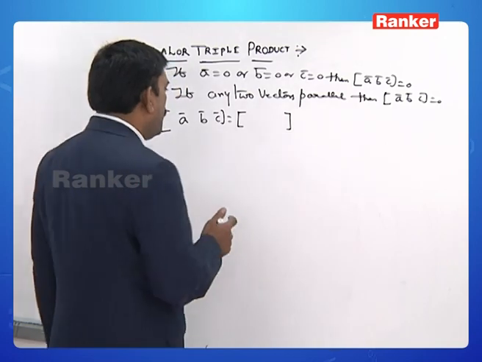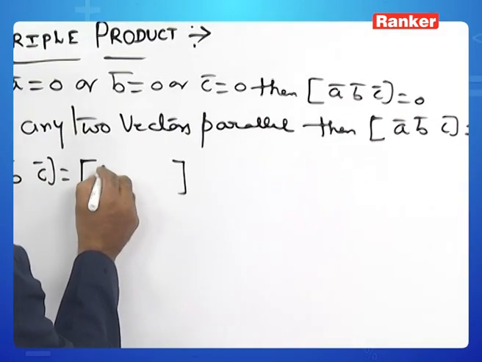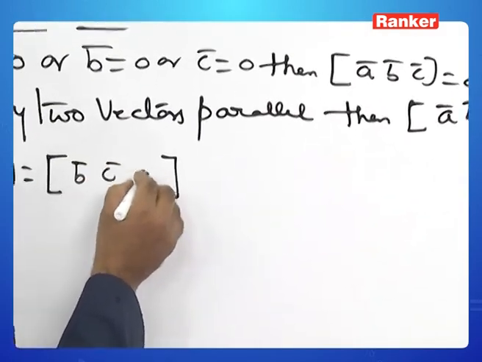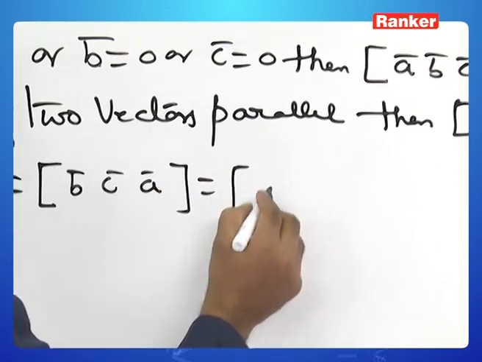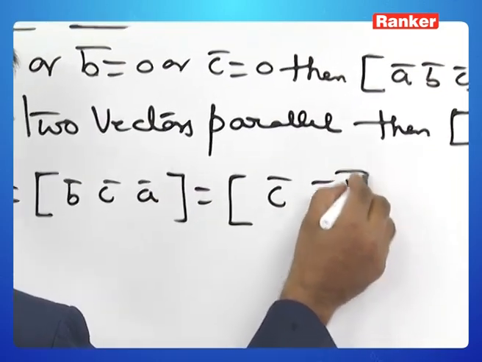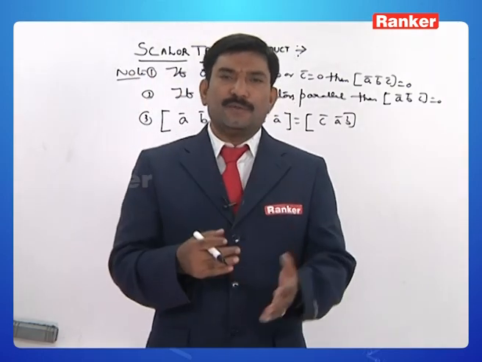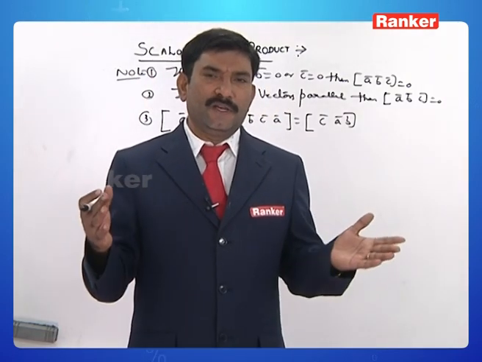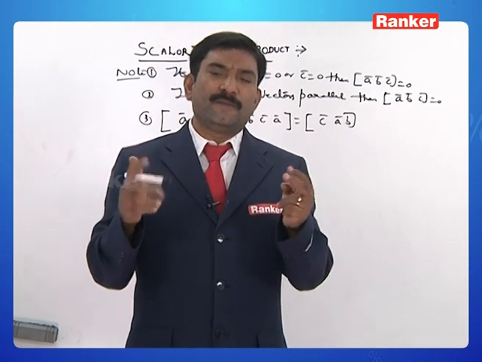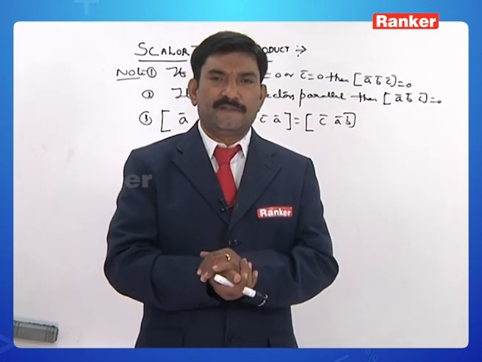So therefore, what I do is, I can write B, C, A. Next, C, A, B. Now in a determinant, if 3 rows or 3 columns are interchanged, minus comes 2 times, minus of minus plus.